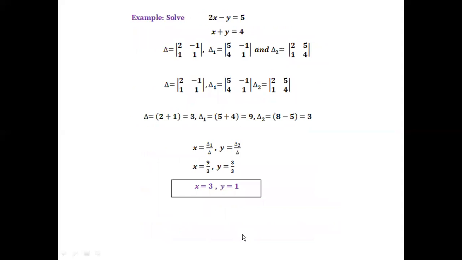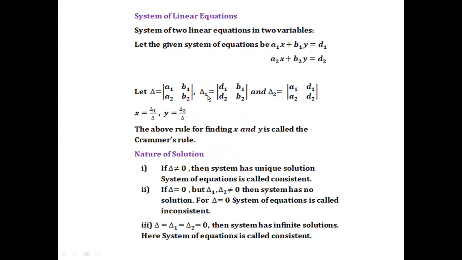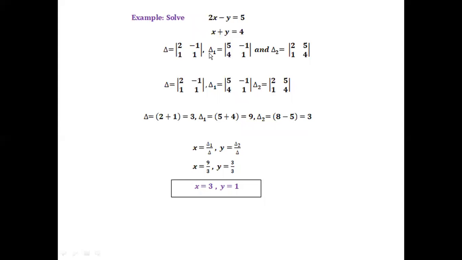Now example: solve these two linear equations simultaneously, 2x - y = 5 and the second equation, which are two linear equations given. Now we represent in delta form. What is the formula for delta? a1, a2, b1, b2. a1 is the coefficient of x, 2, and a2 is the coefficient of x, 1. b1 is the coefficient of y, -1, and b2 is the coefficient of y, 1.